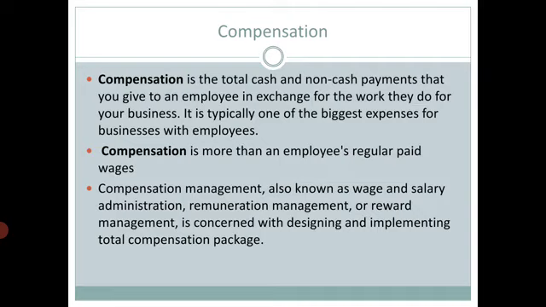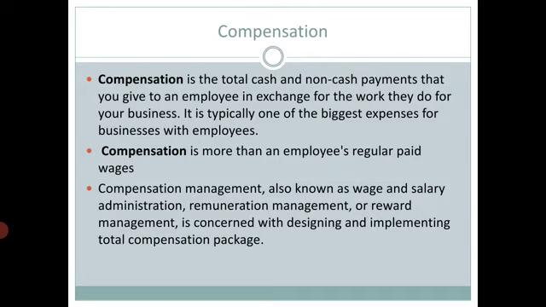Whenever we consider any organization, unless these factors of production prevail in the organization, it is not possible for it to survive in the cutthroat competition.